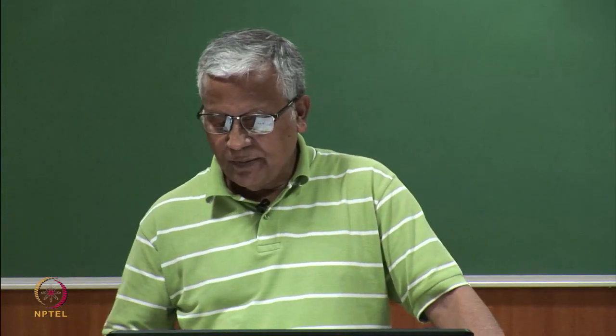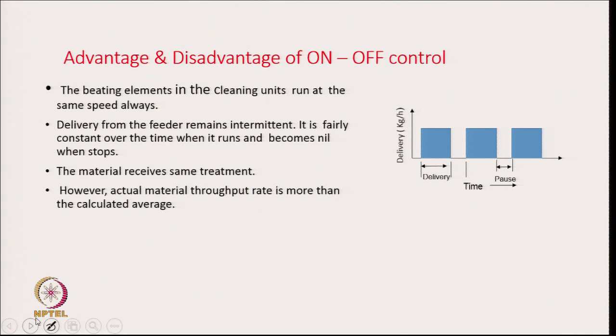So, as a result what happens is that there will be sometimes a delivery which is constant to the machine from the previous reserve box. Suppose the reserve box is attached to a particular beater, then from the reserve box the delivery is constant for a certain period of time, and then there is a time when there is no delivery.